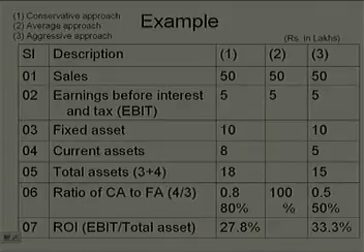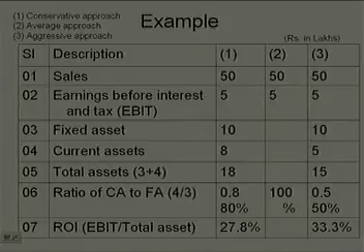Now, when you calculate the return on investment, which is nothing but the earnings before interest and taxes divided by total assets, in the conservative approach you are getting only 27.8%, whereas in the aggressive approach you are getting a return on investment equal to 33.3%.